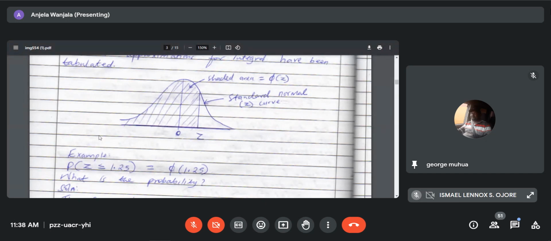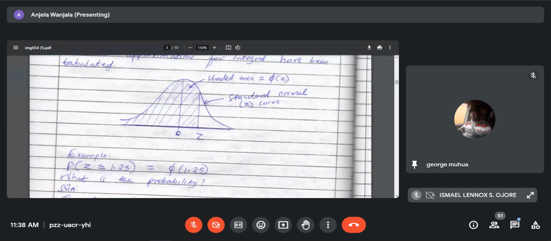So for an example, how do you find the probability that z is less than or equal to 1.25? Here, where there is z, it is 1.25. So how are we going to find the probability? We're going to use the Z tables. They will give us the probabilities. So let me just share the table.